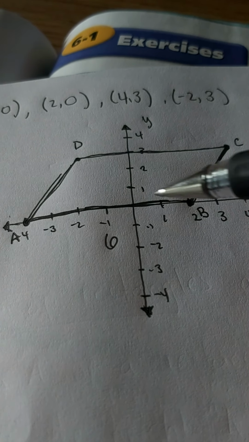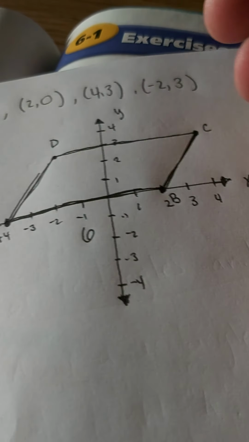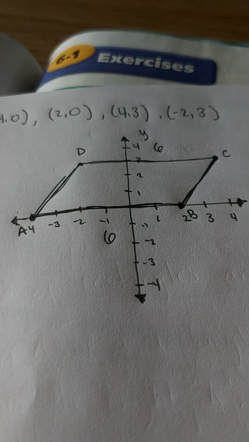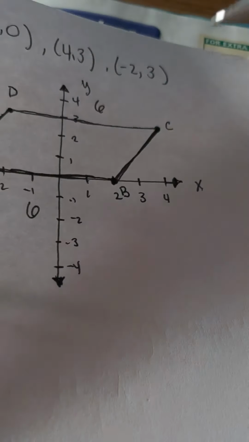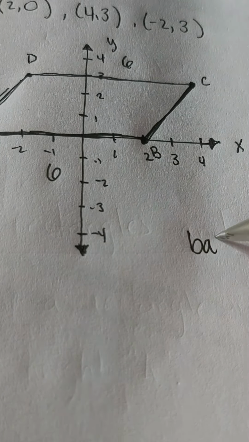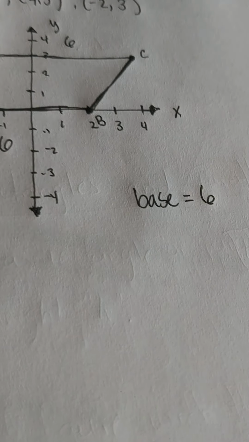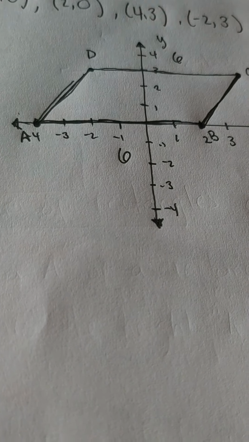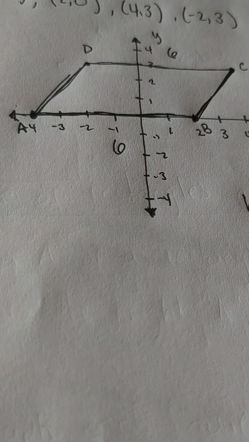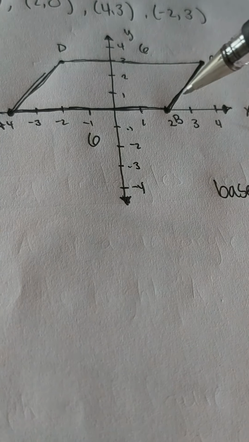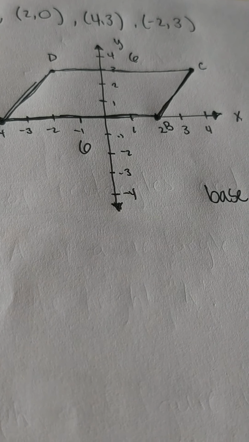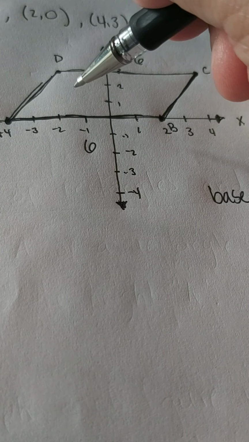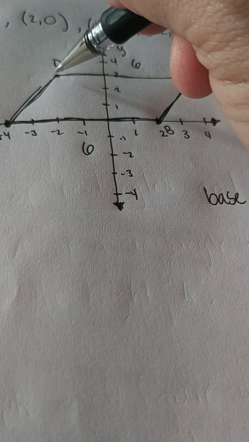If this measures 6, the top will measure 6. So we found that our base equals 6. Now let's find the height. Notice, if this is our base, let's draw a perpendicular line to the base.